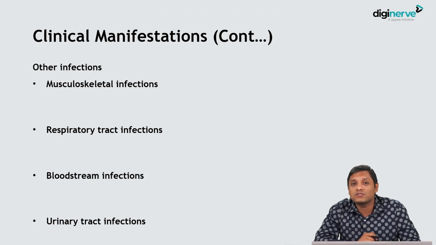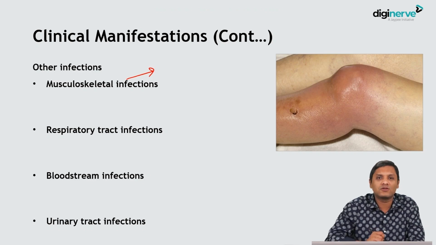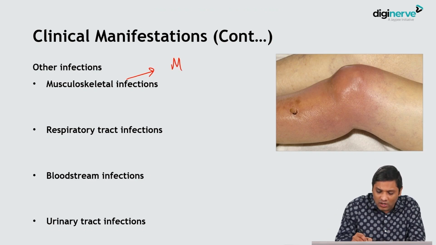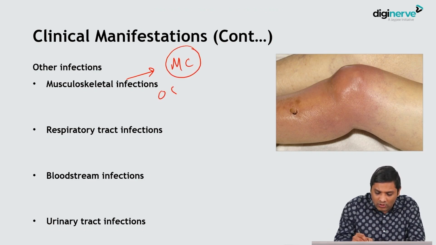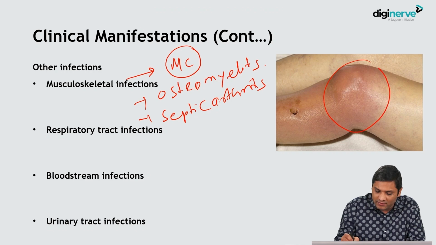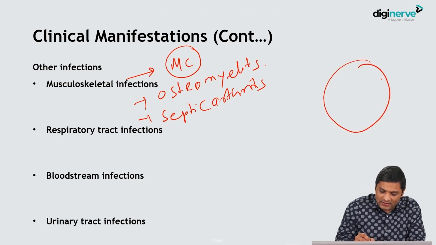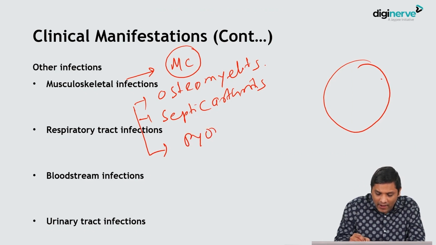Next is musculoskeletal infections. Staphylococcus aureus can produce various musculoskeletal infections. In fact, it is the most common organism to cause osteomyelitis and septic arthritis, which is joint infection. Next is a muscle infection called pyomyositis.